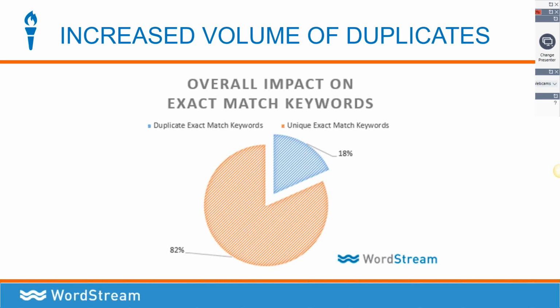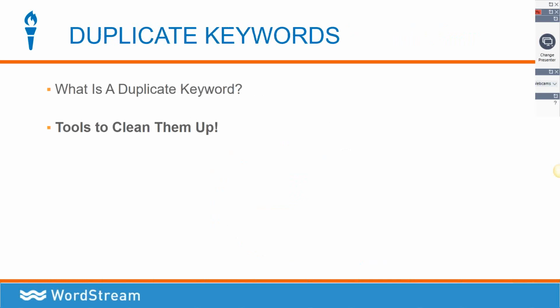When we took a look at accounts across WordStream, we found that 18% of keywords are now duplicate keywords, at least of exact match keywords. Cool. So now that we understand the nuances, we're ready to clean up some of these duplicate keywords and get those guys off of the island, out of our account.